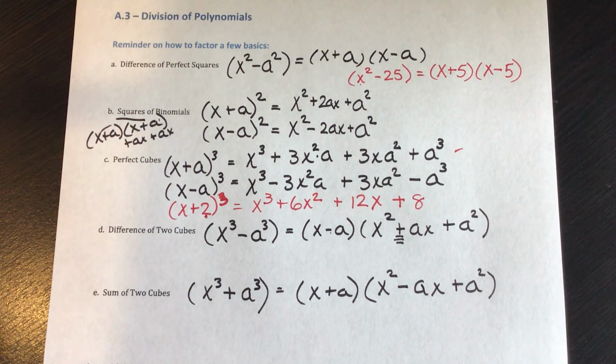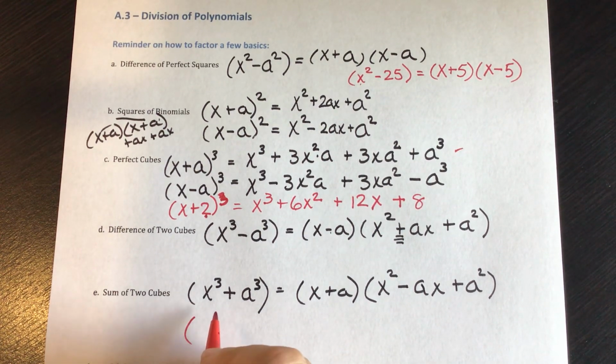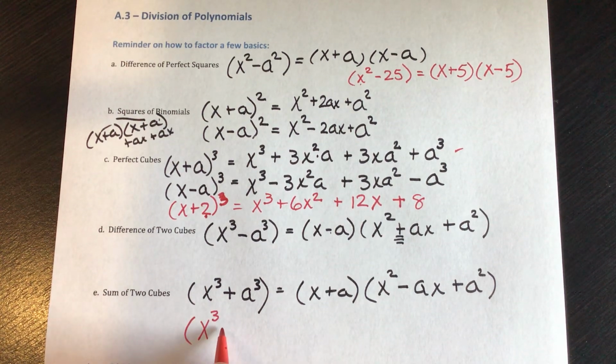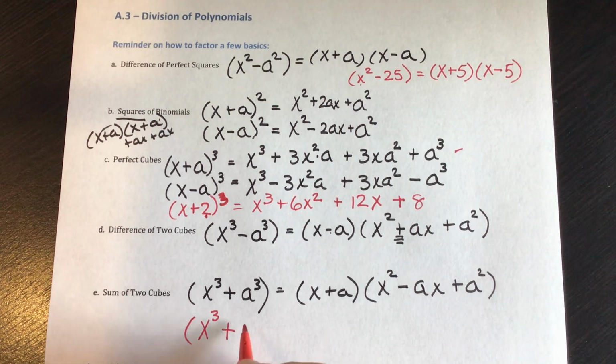So if I do just a real quick example here, if I think of cubes, how about if I do x to the third plus, what's a good cube number, 27. So x is to the third power and 3 is to the third power.